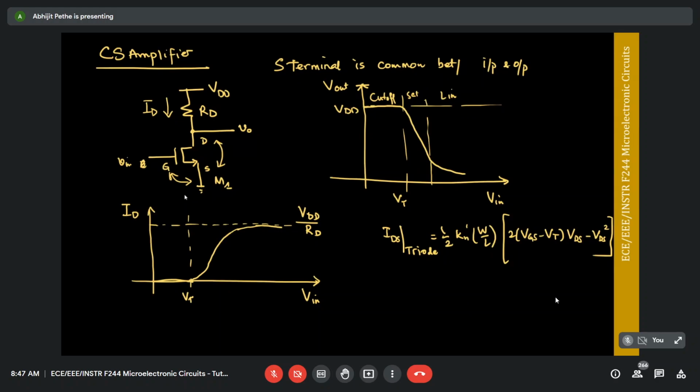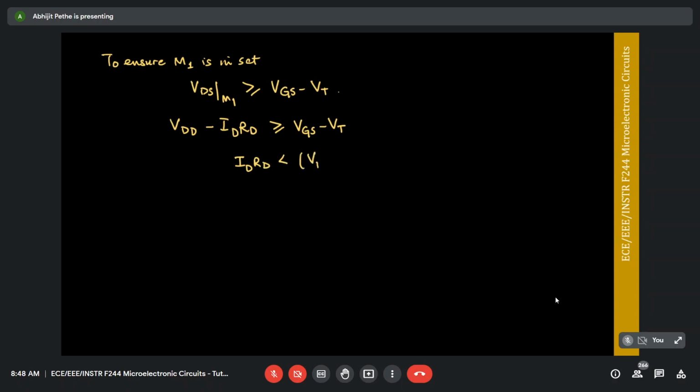So to ensure that M1 remains in saturation, we want to ensure that VDS of M1 is greater than or equal to VGS minus VT. In other words, VDS, which is nothing but VDD minus ID RD, should be greater than VGS minus VT, or ID RD should be less than VDD minus (VGS minus VT).